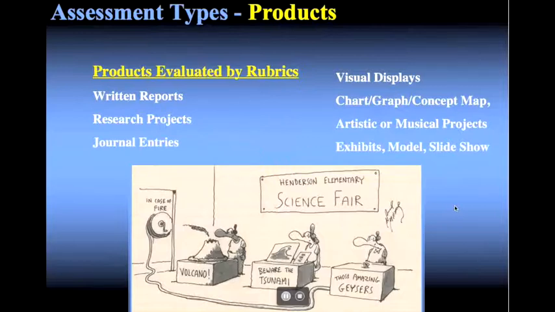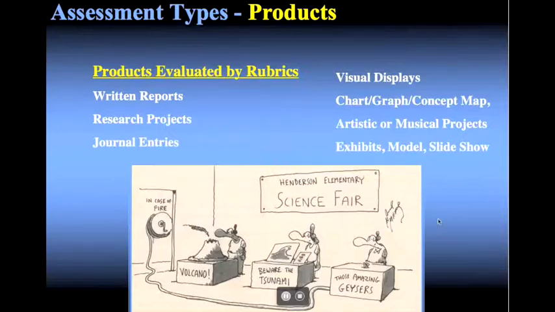Another way is through products: written reports, research reports, writing journal entries every day as a sponge activity, having them do visual displays, whether that be paper and pencil or PowerPoint. They could make a chart or graph, a concept map, or a graphic organizer.